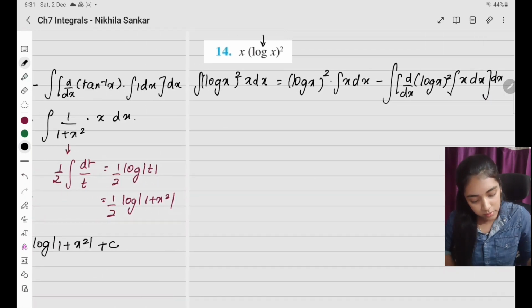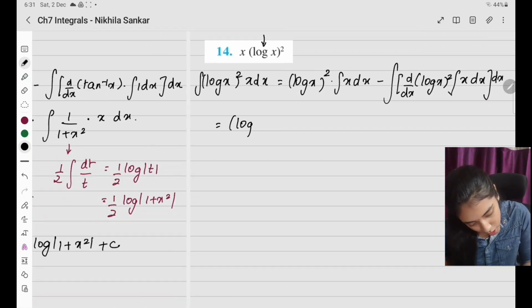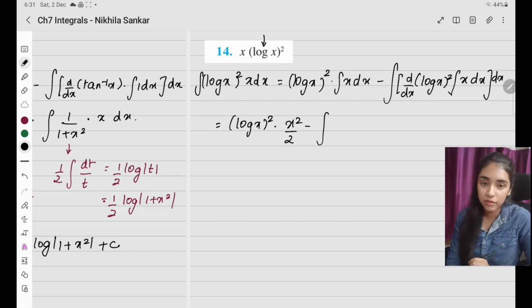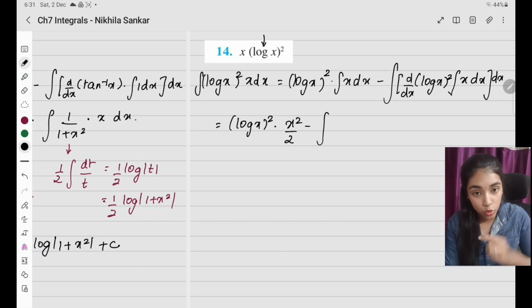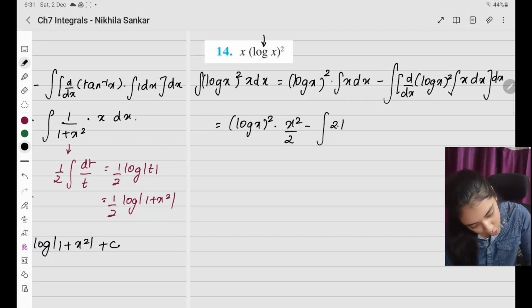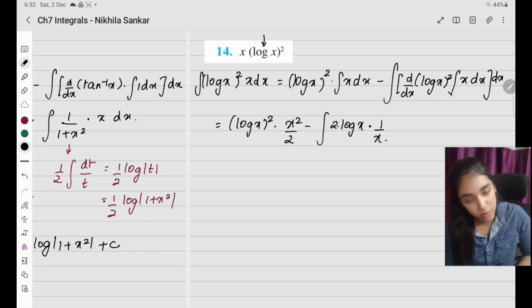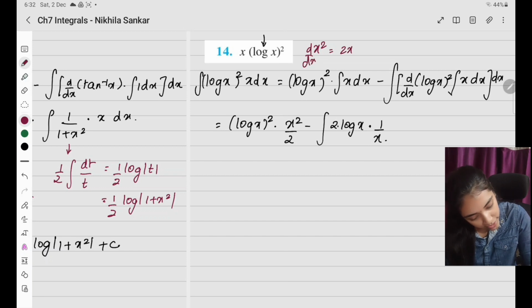Now I have log x square times the integral of x, which is x square by 2, minus the integration of d by dx of log x the whole square. The differentiation of log x the whole square is going to be 2 times log x times the derivative of log x, which is 1 by x. Understand? If I had x square, its derivative would be 2x, right? In the same way, the derivative of log x square is going to be, I bring the 2 down times log, but what is the function inside?